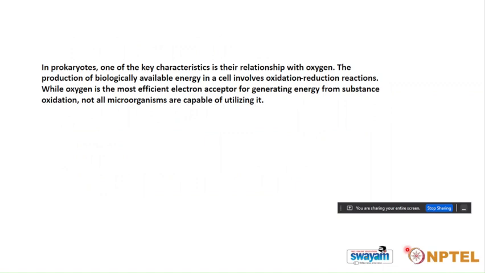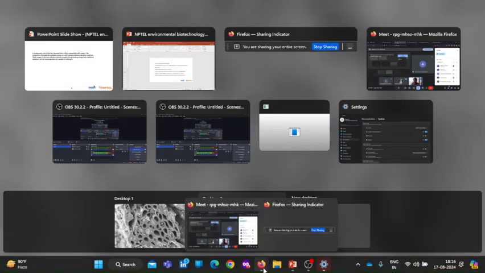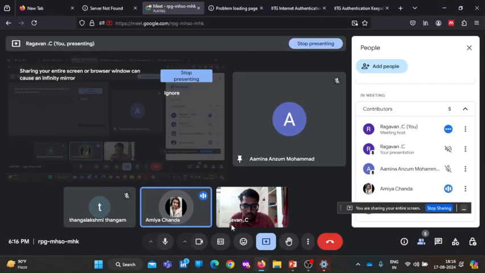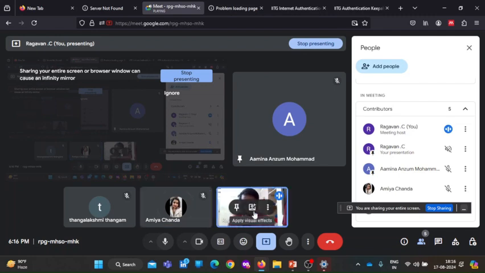If we take prokaryotes, oxygen plays a major role. Can anyone explain what is the role of oxygen? So facultative anaerobes or... Yes, what is the role of oxygen?